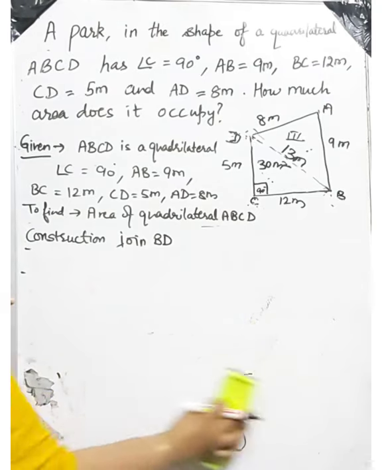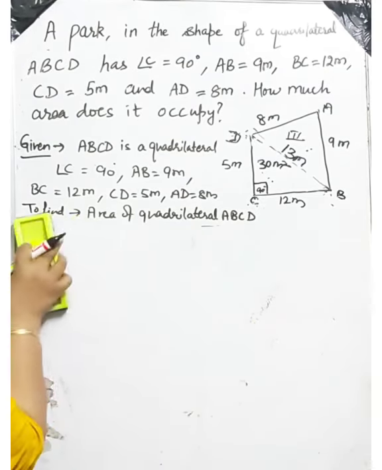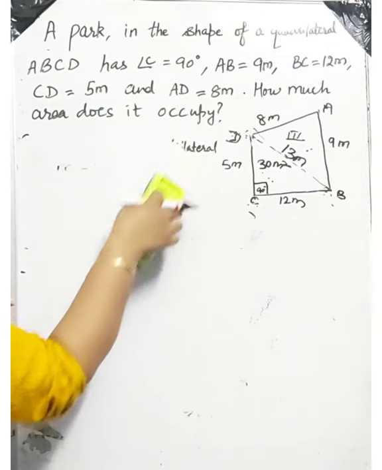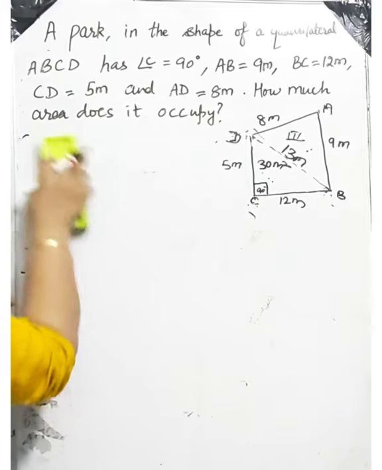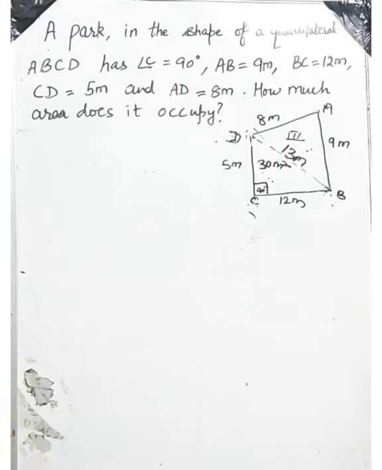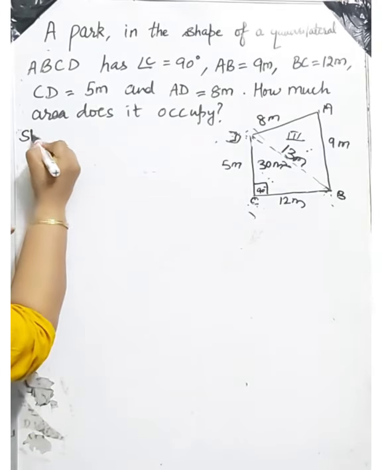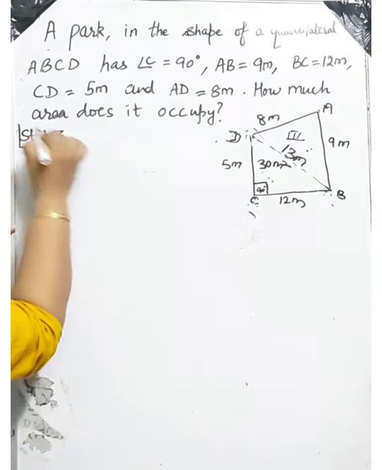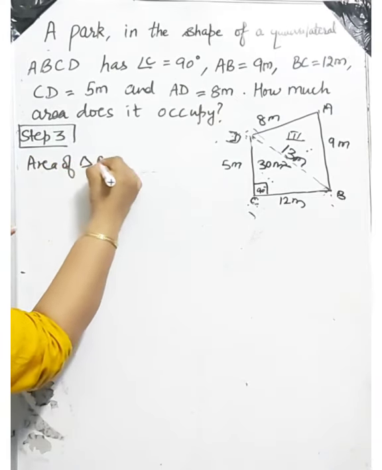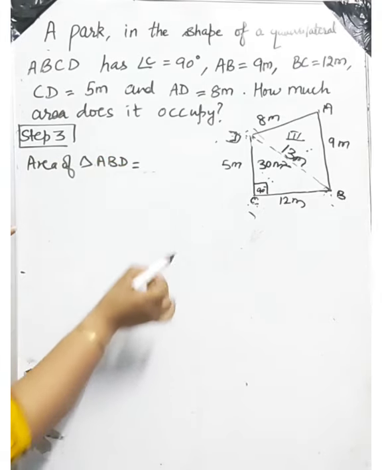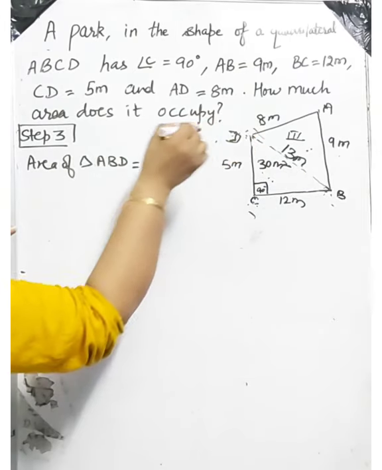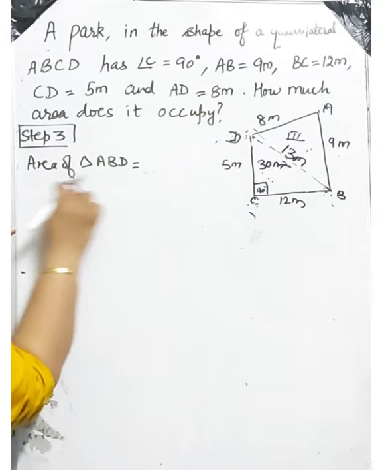In step 3, we will find area of triangle ABD. Area of triangle ABD, and we know that when length of 3 sides are given, then we will use Heron's formula for finding the area of triangle.